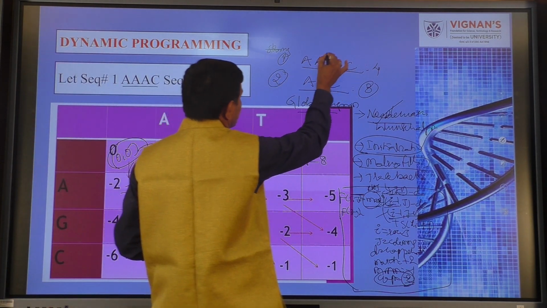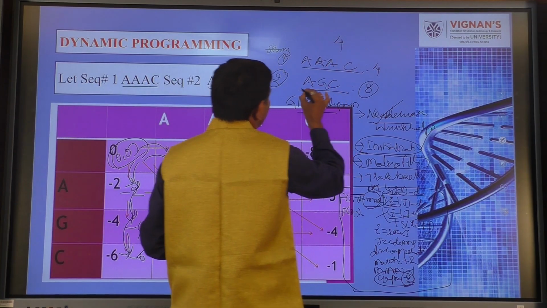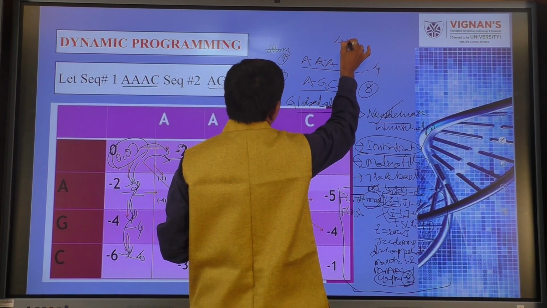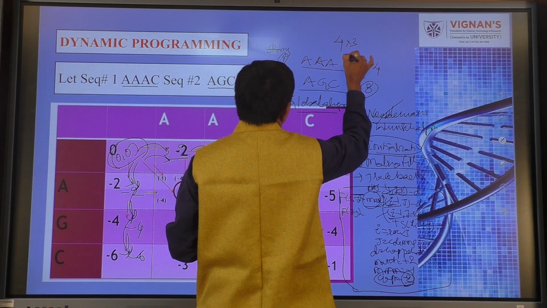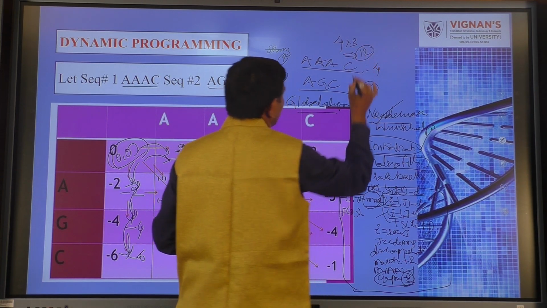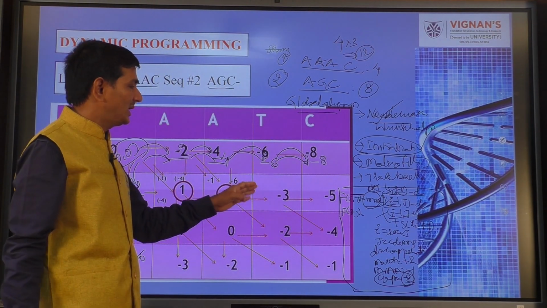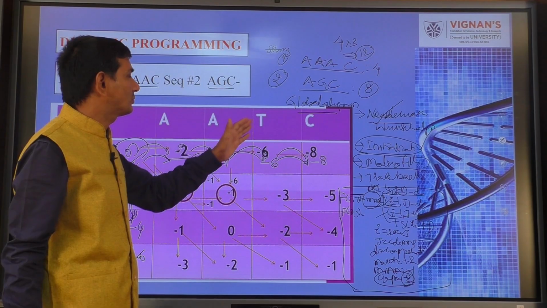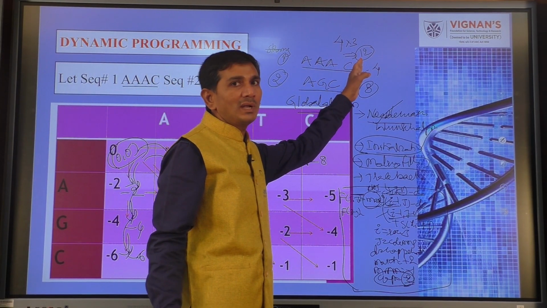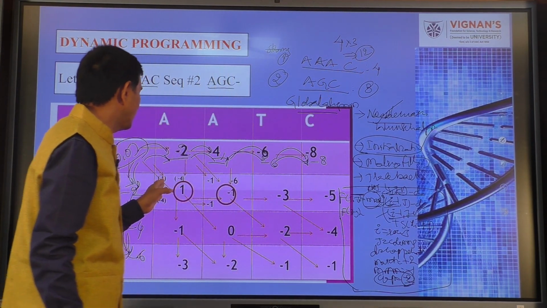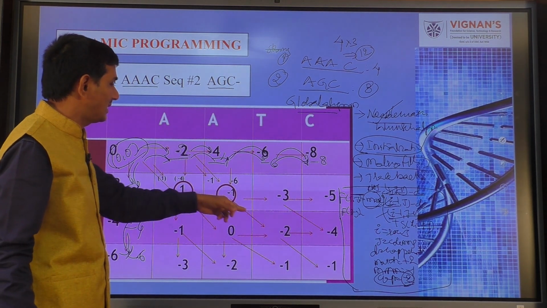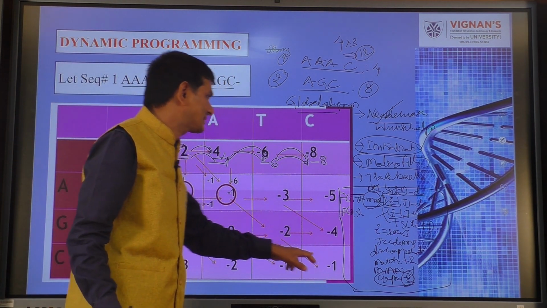The size of sequence 1 is 4 characters and the size of sequence 2 is 3 characters. In total it is a 4 into 3 matrix, around 12 cells. So, it is a matrix table where we need to calculate values for 12 cells. Let us start calculating from the first cell and complete it till the 12th cell.